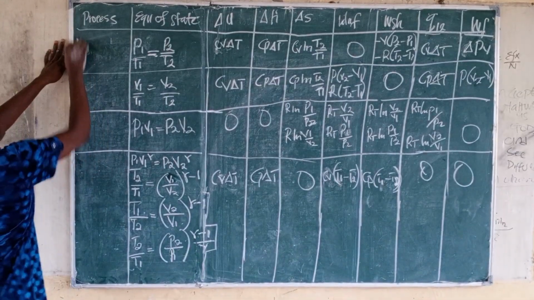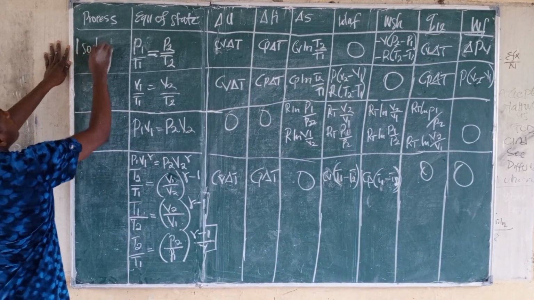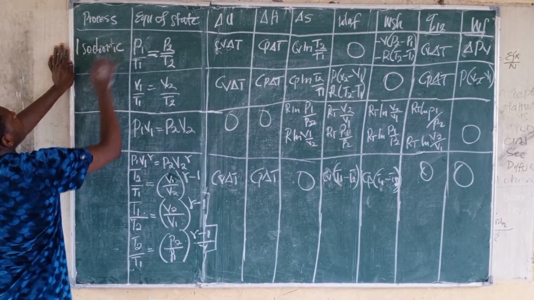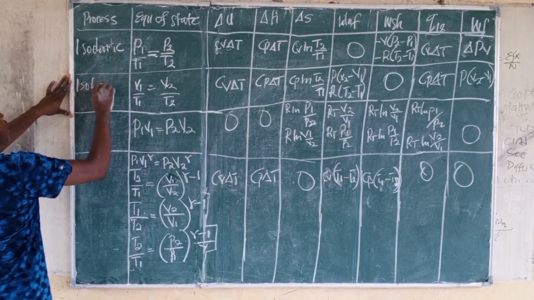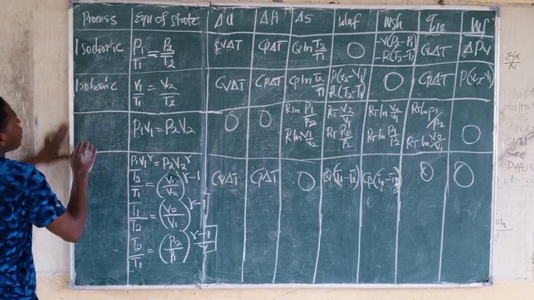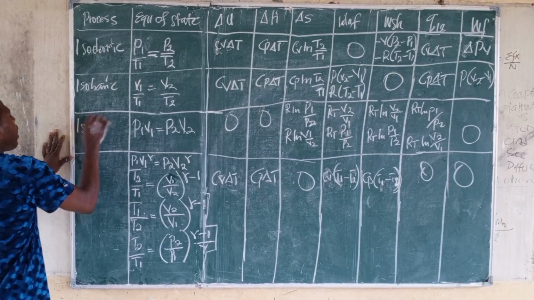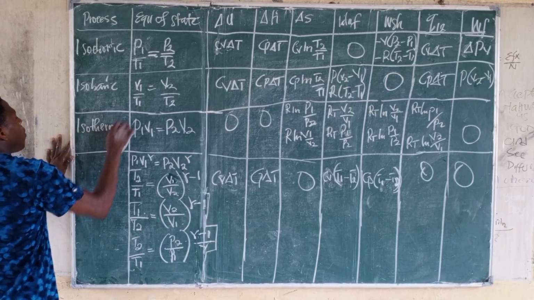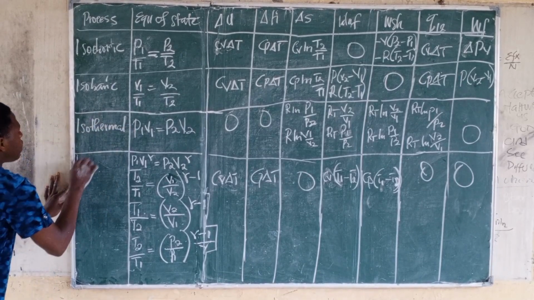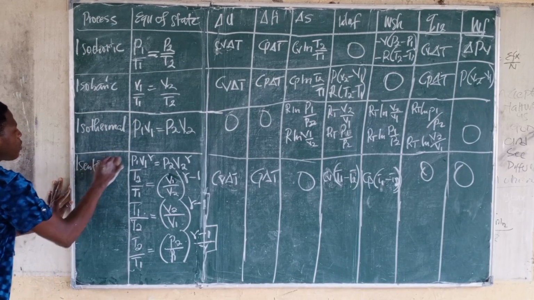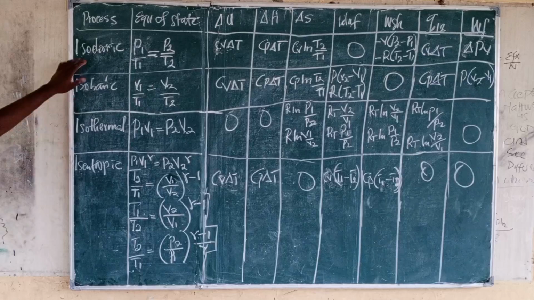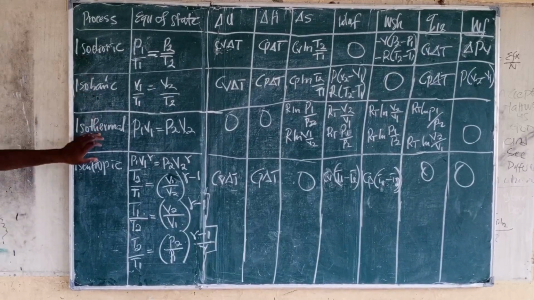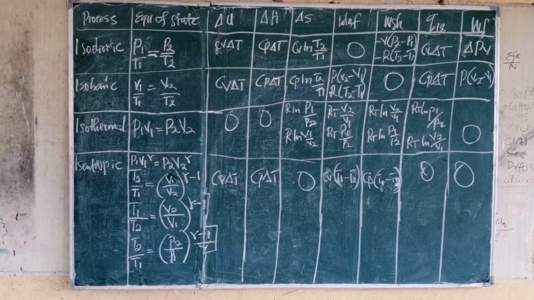So for this first one, this is isochoric process. This second one is isobaric process. This is isothermal, while this is isentropic. So our considerations are the isochoric, isobaric, isothermal, and the isentropic.